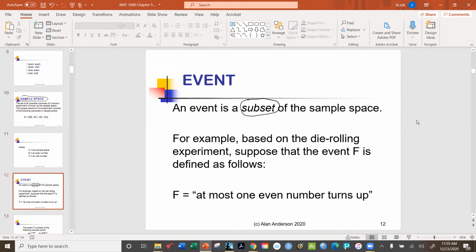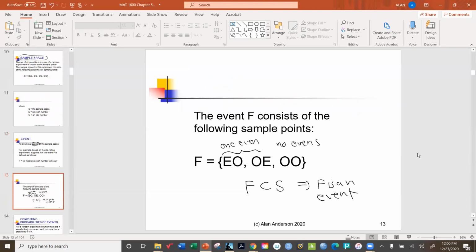So for F, you said that at most one even number turns up. That's right. In other words, either zero or one even number. It's the same thing as saying either 0 or 1 even number. Okay, so if you go down one more slide. Okay, so I see that for F, you have one even and one odd, one odd and one even, and then two odds. So for this case, why are you including the two odds?